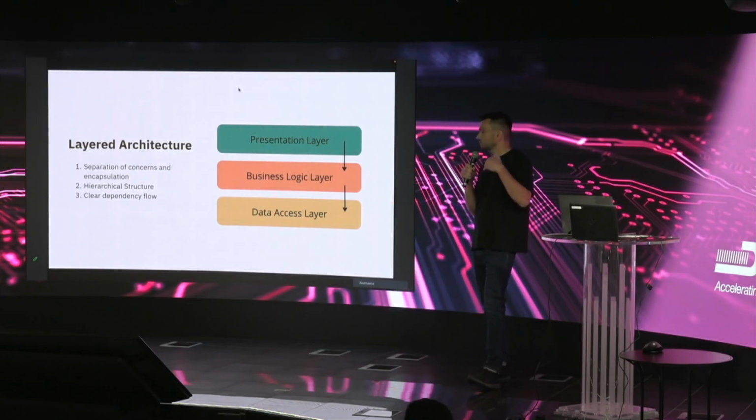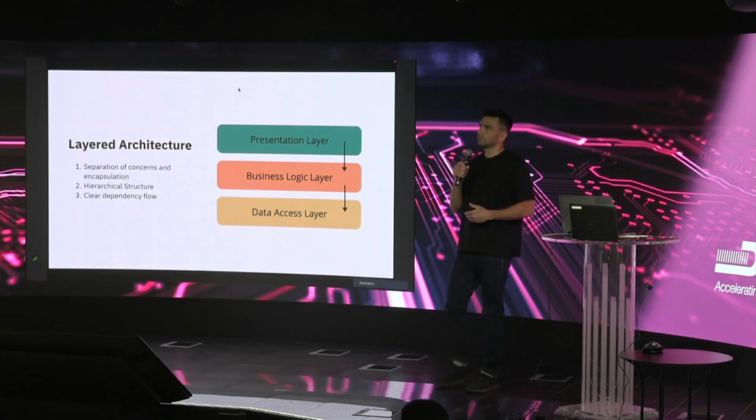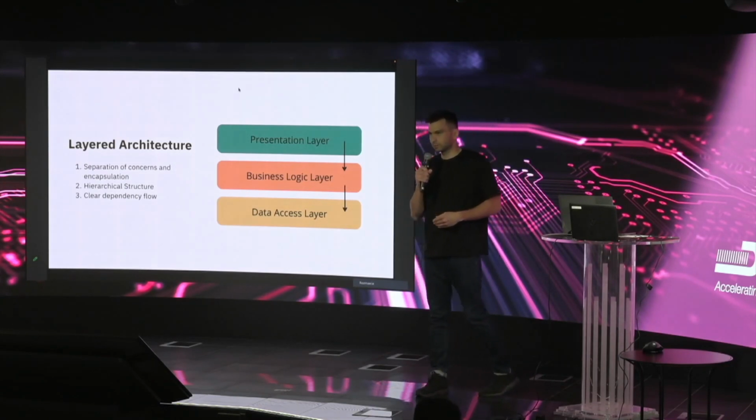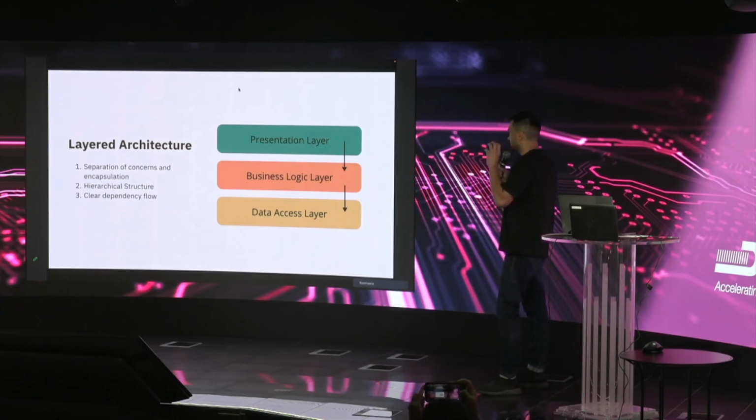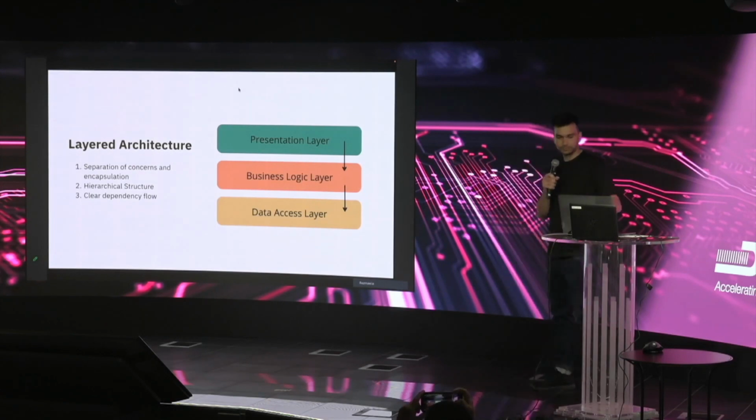It applies to both the flow of control in the application, but also to the dependencies in the source code. So layers at the top can depend on the layers below, but not the other way around.